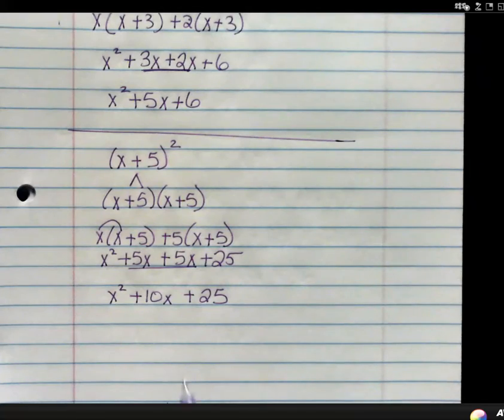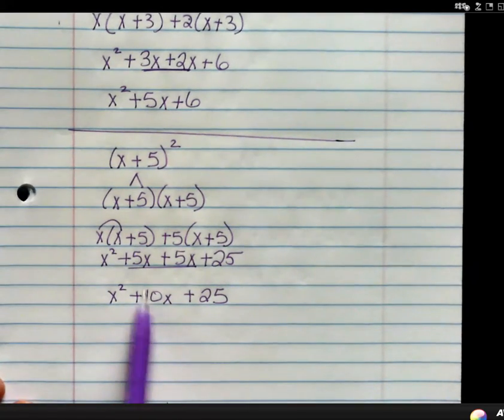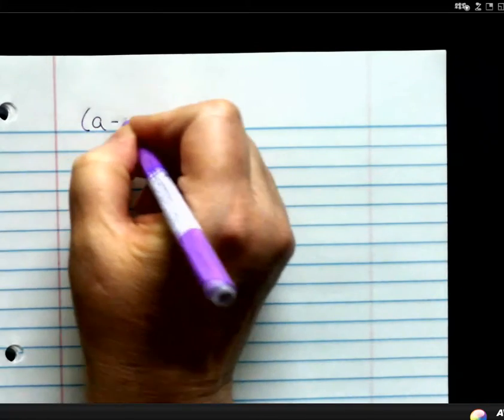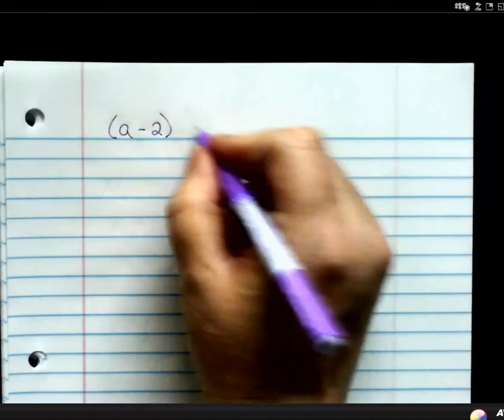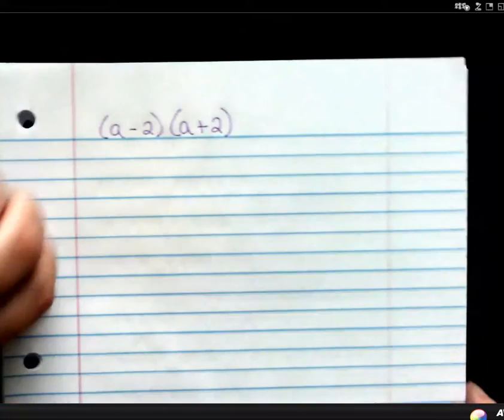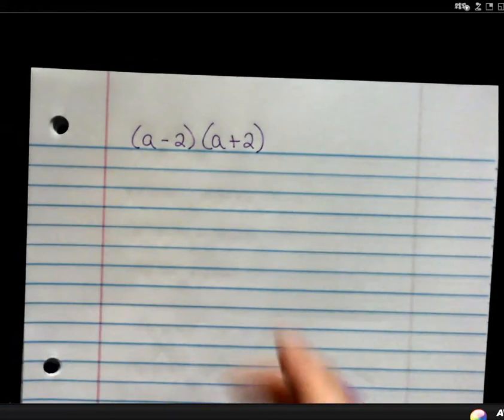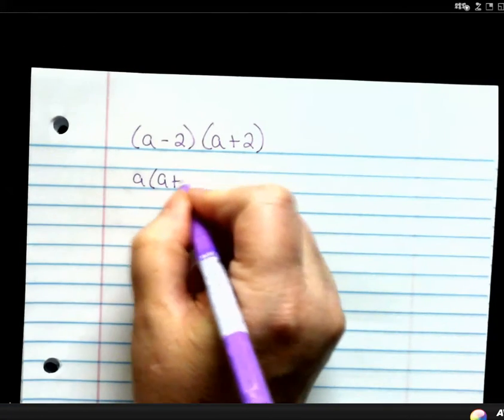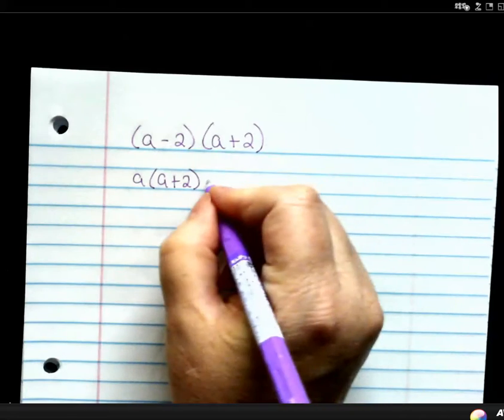The only time you won't have a middle term is when you have a problem that looks like this. The first and the second, they look almost the same, but one's a minus and one's a plus. So if we multiply this out, this times it, now that's a minus.